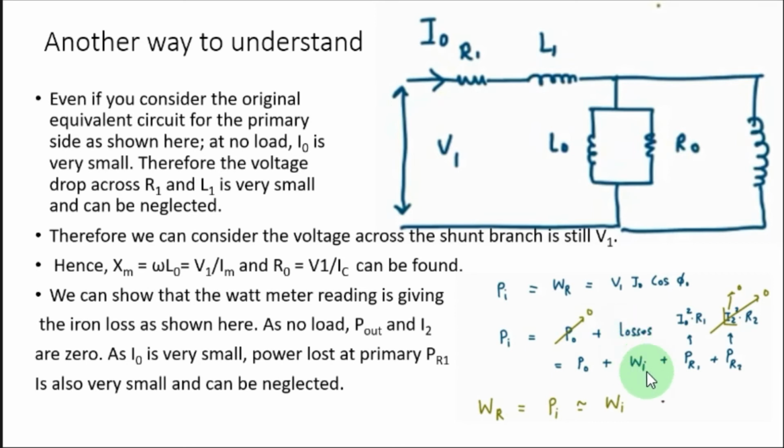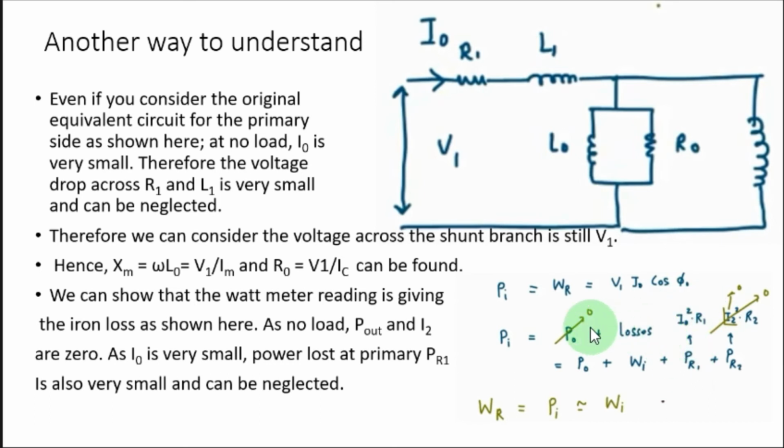Iron losses mean the core loss, represented by Wi here, and these are copper losses. Secondary winding copper loss is I2 squared R, but I2 is 0, so this part is 0. Primary winding resistance is R1, so it is I naught squared R1, because at no load primary current is I naught. And as I naught is very small, we are neglecting this as well.